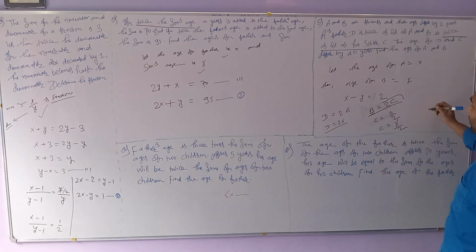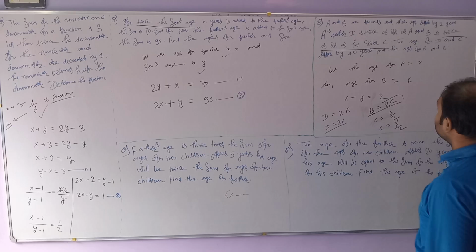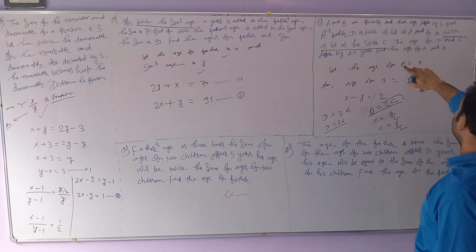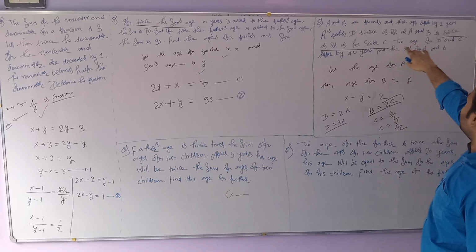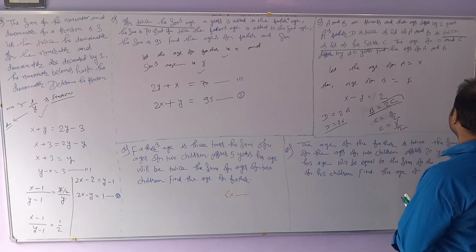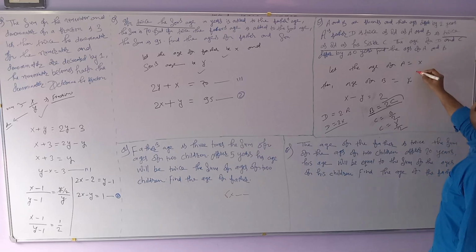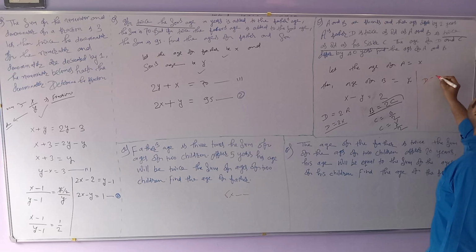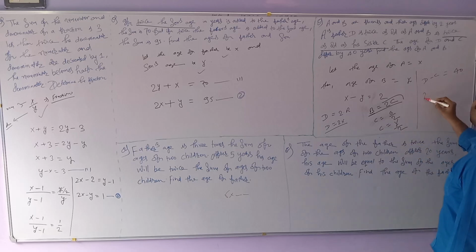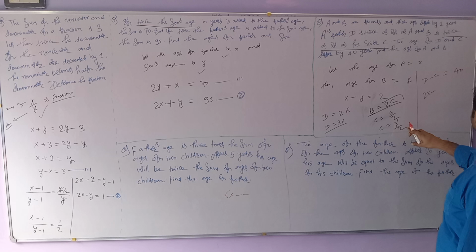Now the equation becomes, in another condition, the ages of D and C differ by 40 years. That means D is equal to 2x minus C, which is Y upon 2, differ by 40.